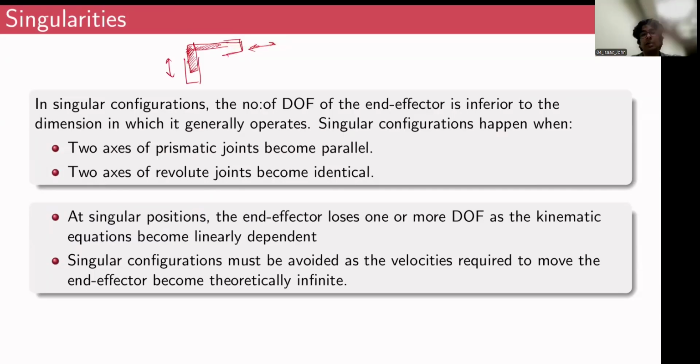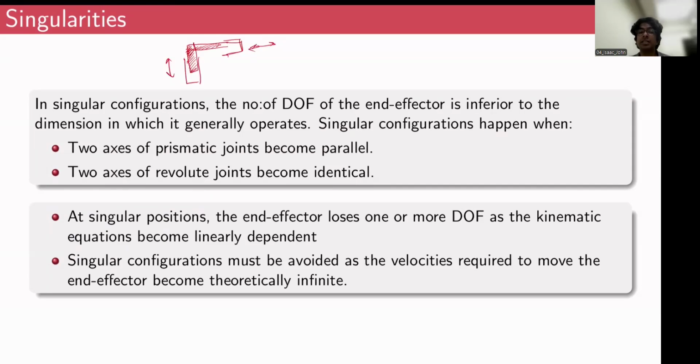So the workspace would be a rectangular XY space. This tip can achieve any position in X and Y coordinates. But then suppose that these two joints are not adjacent. There are several joints in between these two prismatic joints, right?